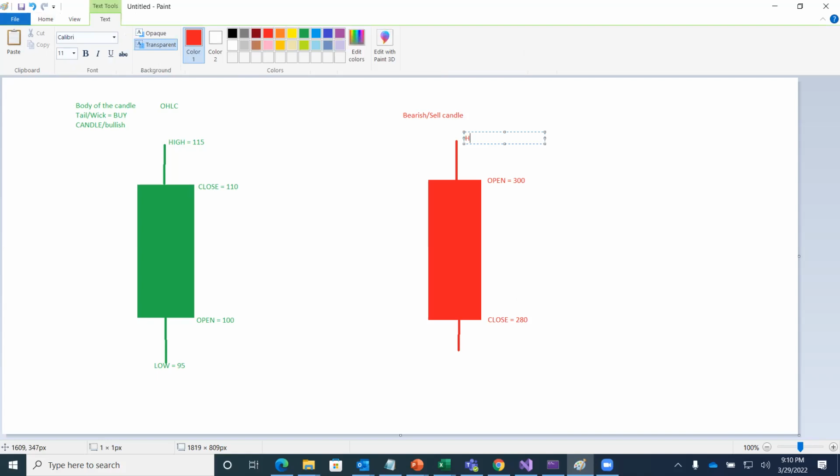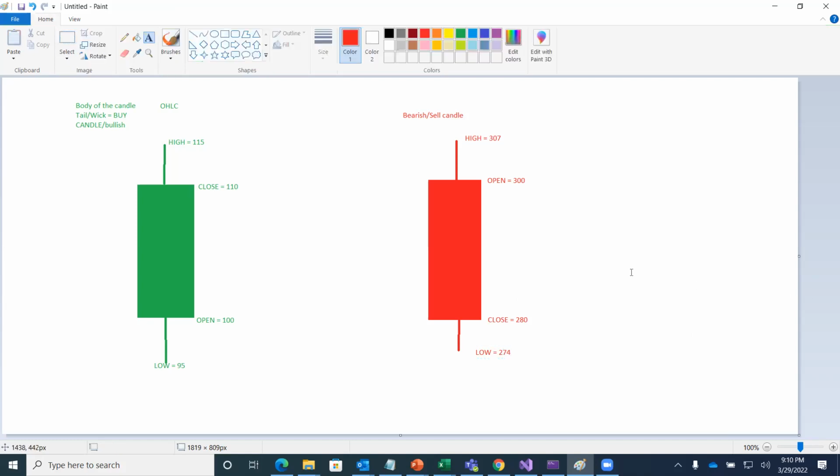Now, in between, it made a high of, say, 307, and a low of 274 or so. So the total fluctuation for the whole day was from 274 to 307. The difference is how much it varied. But actually, it opened at 300 and closed at 280.